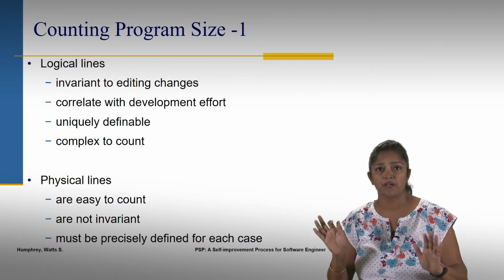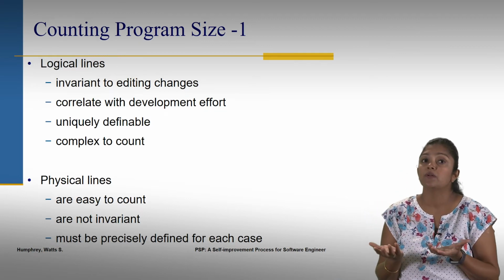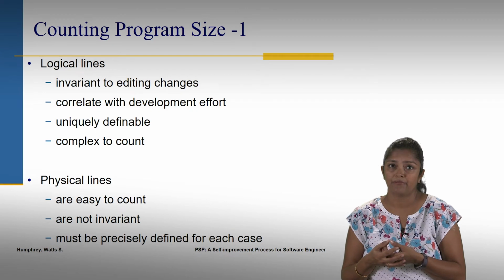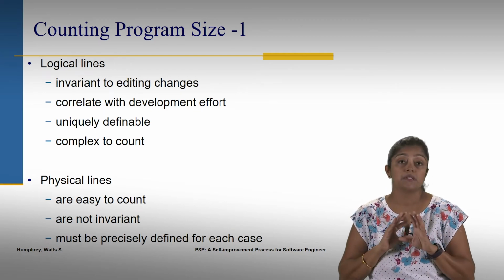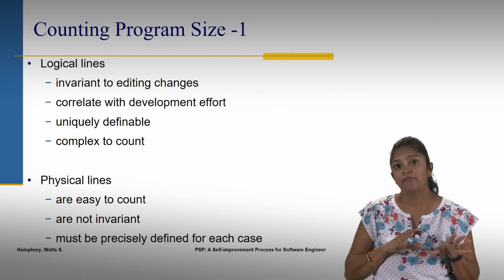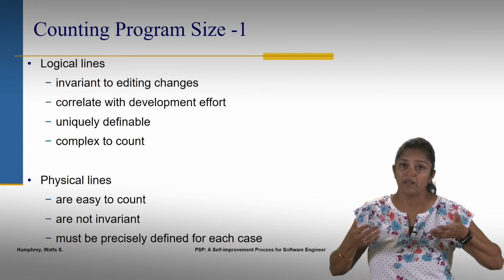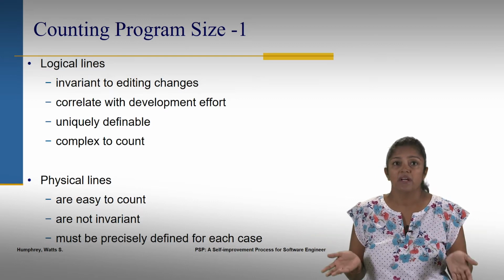So even if edits are made, the logical line of code is going to remain the same. And it does correlate with development effort. So it is something that can be uniquely defined, but it's very complex to do the counting. On the other hand, physical lines of code are easy to count, but they're not invariant. Depending on the kind of editing changes that are made, and from person to person, it can change.